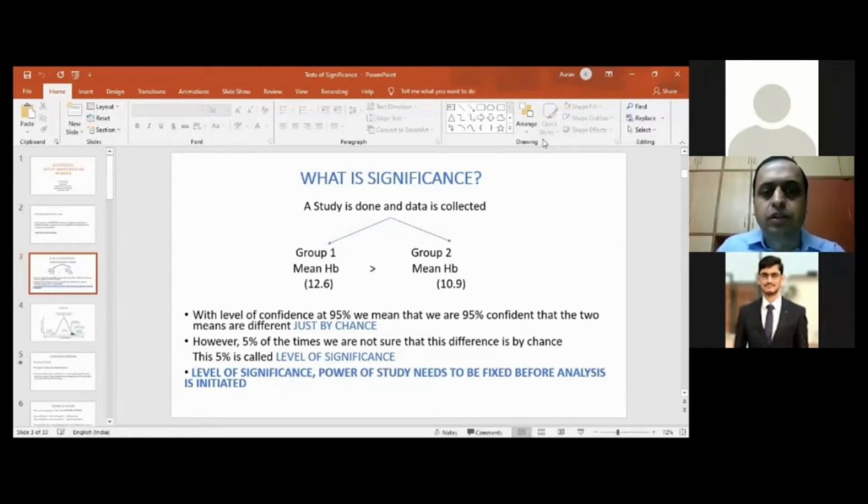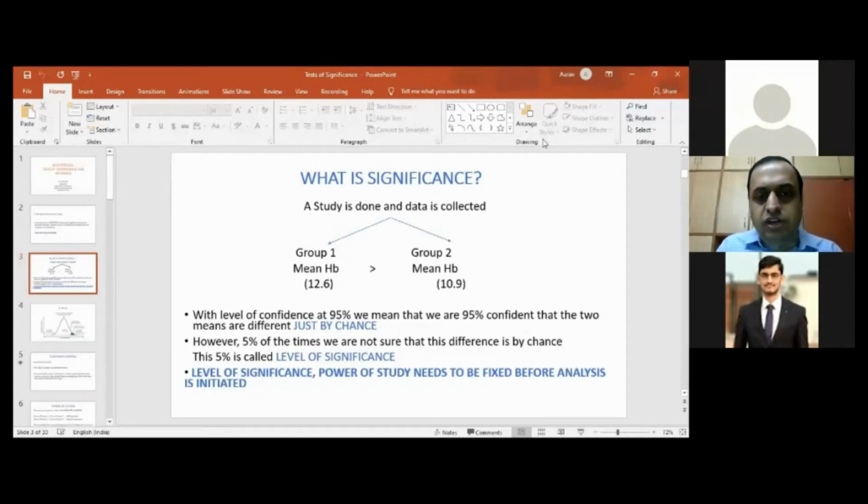In group 1 the mean is 12.6, and for group 2 the mean is 10.9. These two groups are from a population. Suppose they are from a society which has two buildings, Tower 1 and Tower 2. We are trying to find out whether the mean hemoglobin of persons in Tower 1 is almost comparable to the hemoglobin in Tower 2 or not.